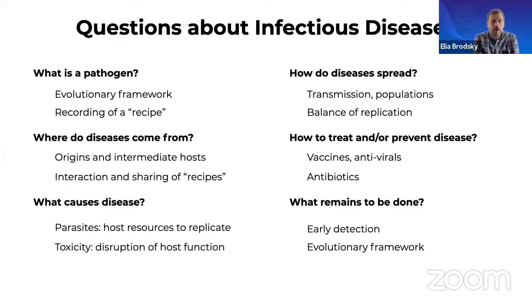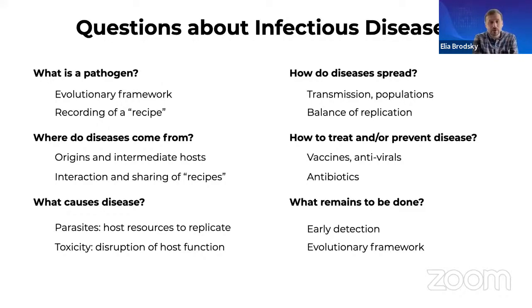But we'll also talk about how early diagnostics, or understanding specifically what pathogen and what strain of a pathogen, or maybe a variant of a pathogen, is causing a disease, is critical for the future of these kinds of interventions.